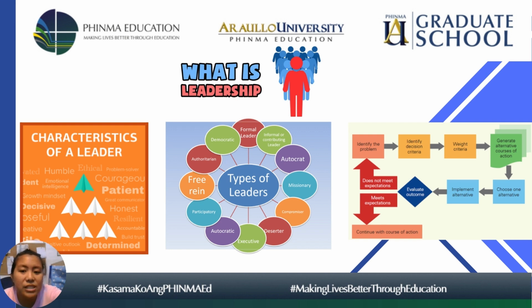An individual facilitates the activities of the members of a group and resolves their conflicts. And because he's a good facilitator, he is selected as a leader. Okay? We also have psychological theory, the individual who motivates the members of the group to engage in activities that would satisfy their personal needs is selected as a leader.